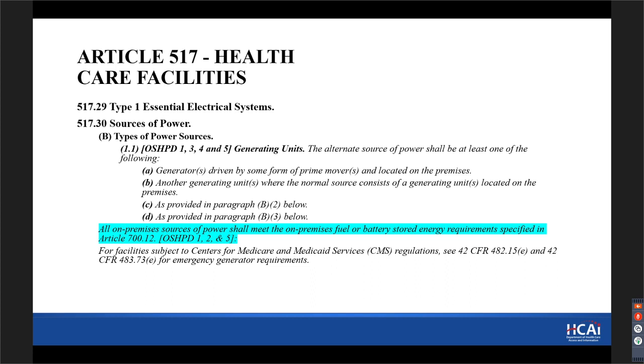And we made clear here that all on-premise sources of power shall meet the fuel storage or battery storage duration requirements found in Article 700.12. So that requirement is 4 hours for MOBs, 6 hours for SNFs, 96 hours for hospitals, 6 hours for ambulatory care.